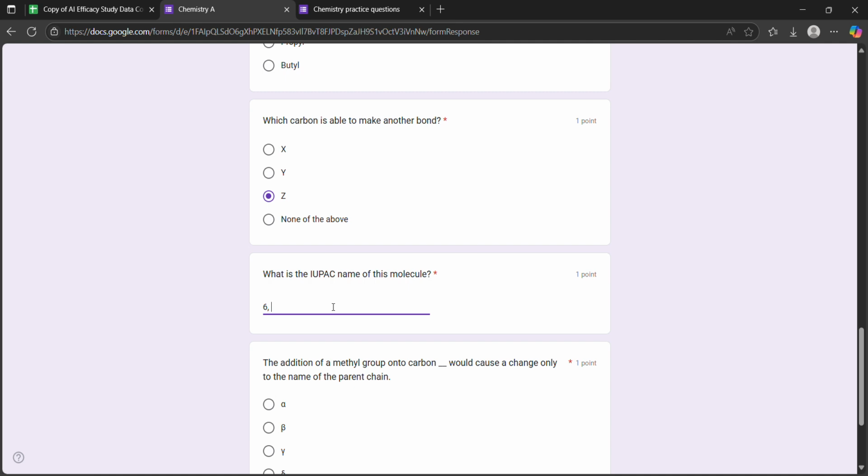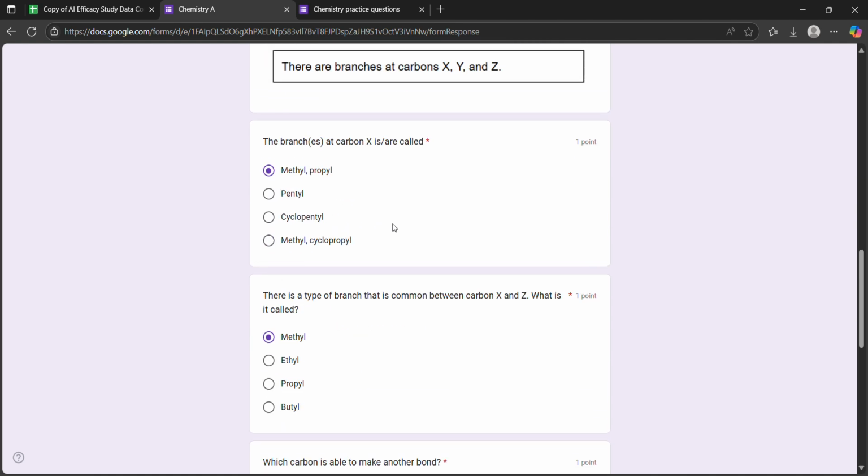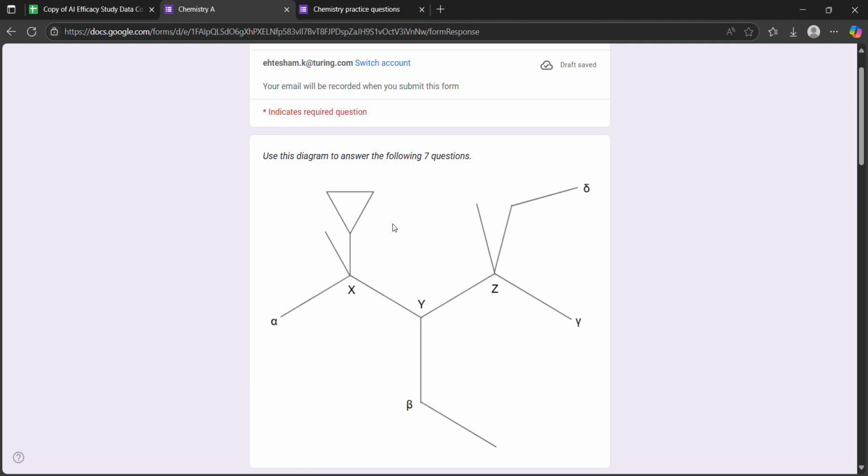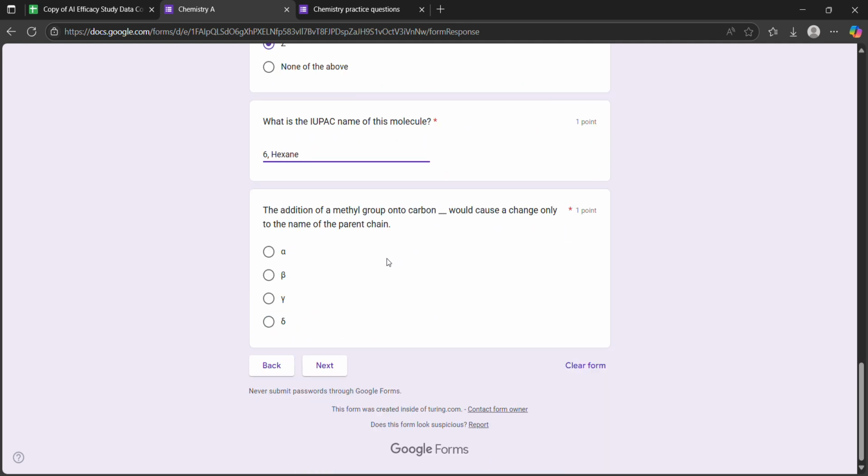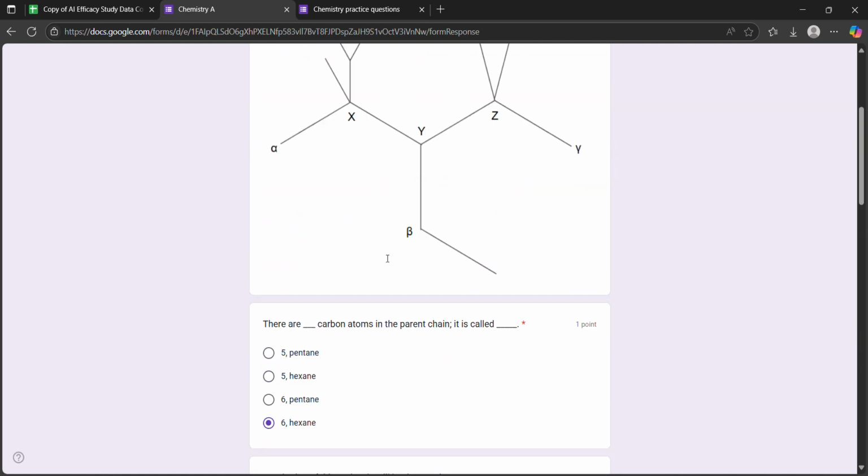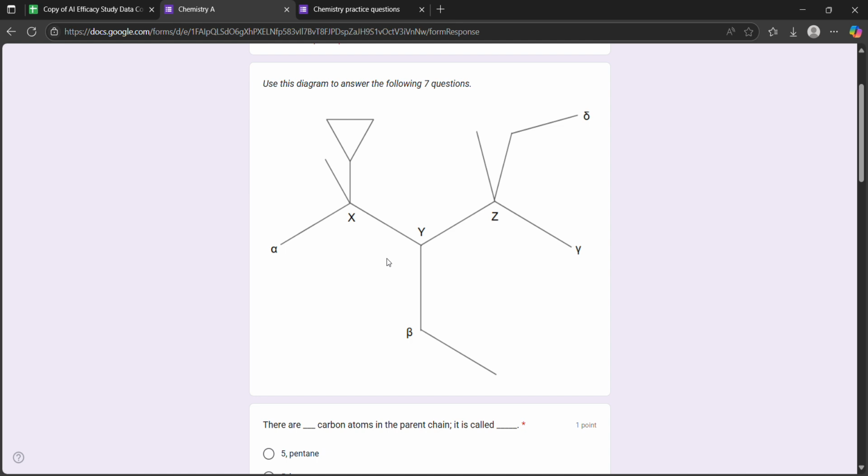Let's go with hexane, I think. Hexane, ethyl, and this is a methyl.